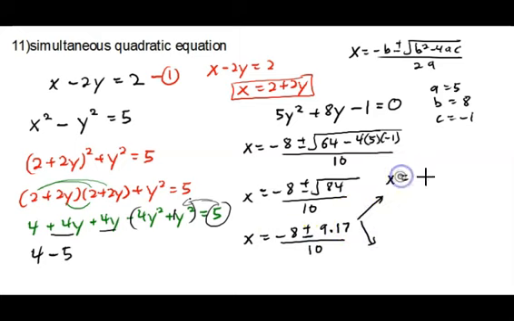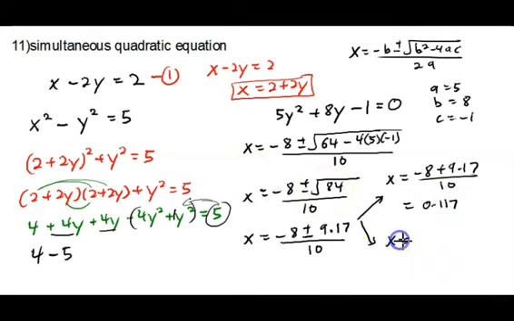One is x equals negative 8 plus 9.17 divided by 10, which results in 0.117.